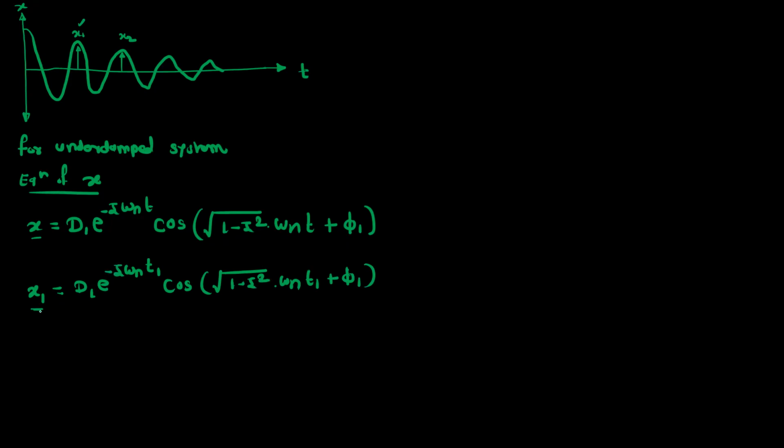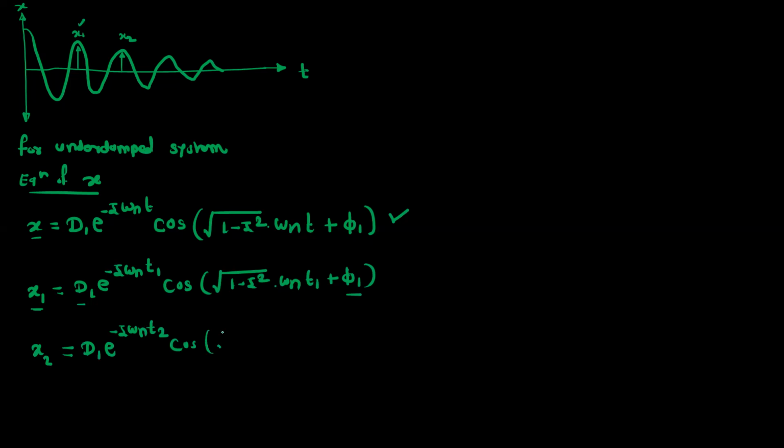Similarly, we will write the x2 value. So x2 is equal to the constant d1. Constants d1 and phi 1 will not change, because this complete equation gives the value of displacement for the given system at any time. So d1 and phi 1 will remain the same. So d1 e raised to minus zeta omega n, only we have to change the time to t2 so that we get the x2 value.